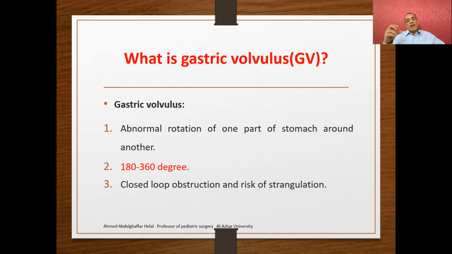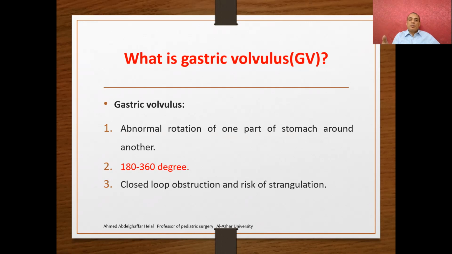This rotation will lead to a closed loop obstruction between the upper end and the lower end of the stomach, with the content inside, maybe air, maybe gastric content. If the lower end of the twist involves the duodenum, the pancreatic secretions and the bile secretion will be present.